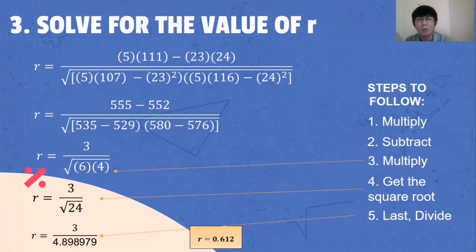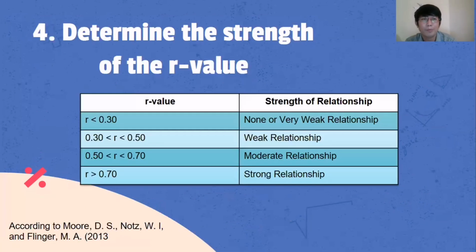The question is, what is the strength of relationship of 0.612? That's the last step. Determine the strength of the R value that we had a while ago. So in order for us to know the strength of relationship, we have here the R values. If your R value is less than 0.30, the strength of relationship is none or very weak.